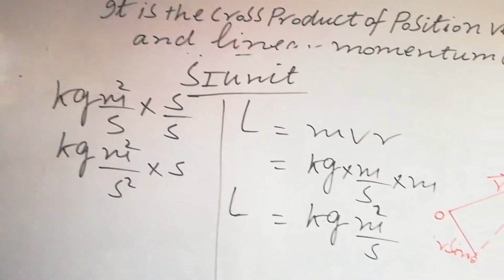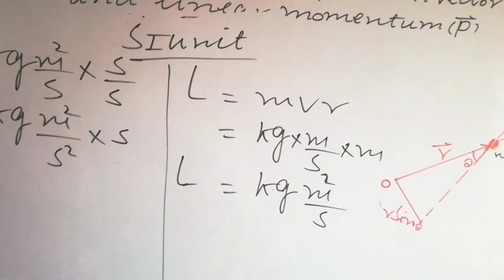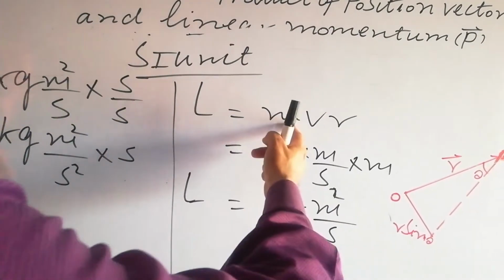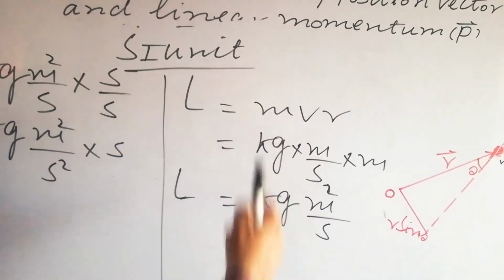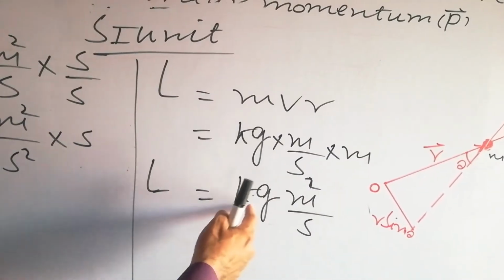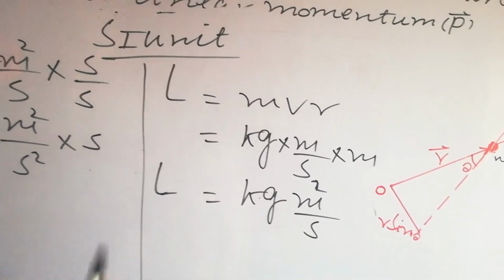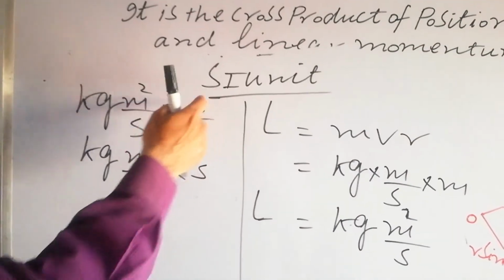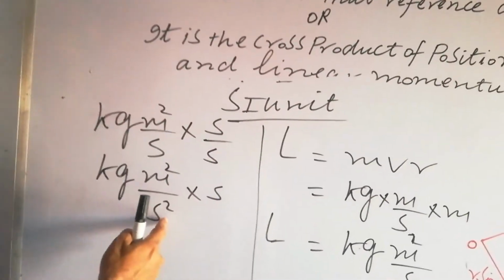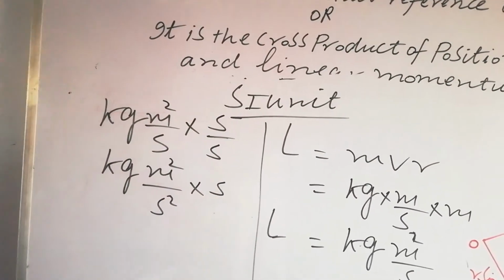So let's look again here. We are discussing the units of angular momentum. The relation is L is equal to m v r. The unit of mass is kilogram, the unit of velocity is meter per second, and the unit of r is meter. You just multiply, that is kilogram meter square per second, and if you multiply and divide by s, we have kilogram meter square per second square into s.